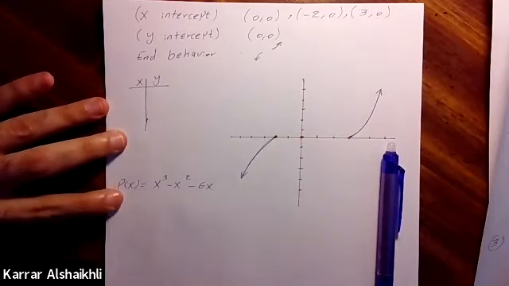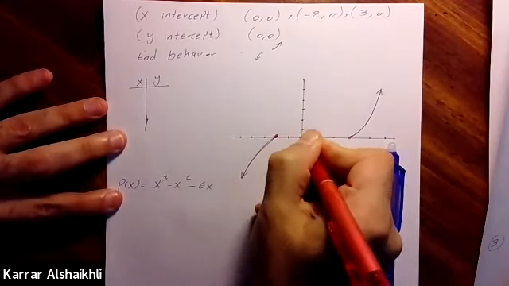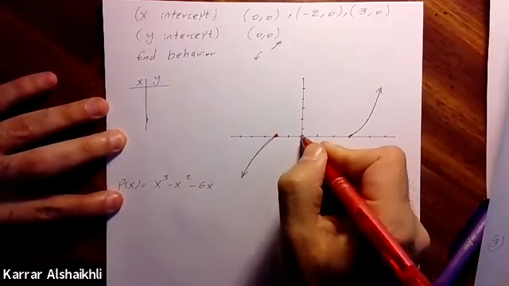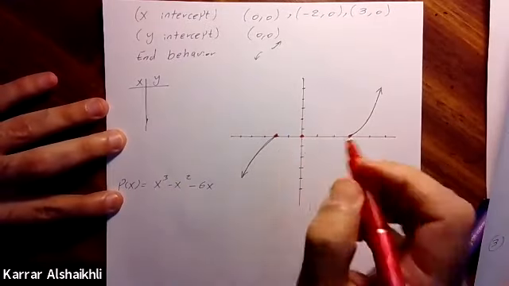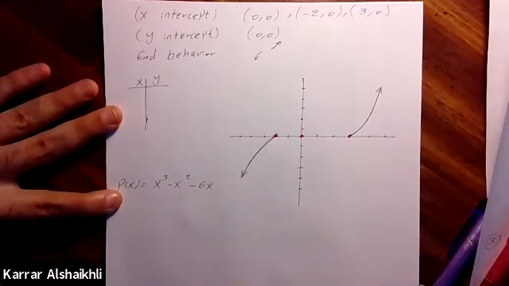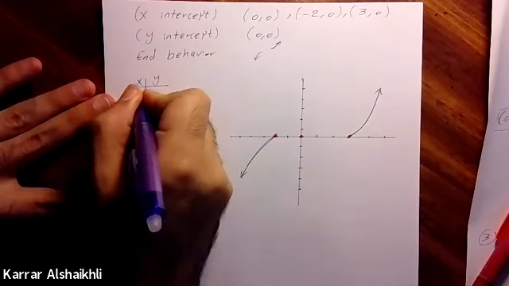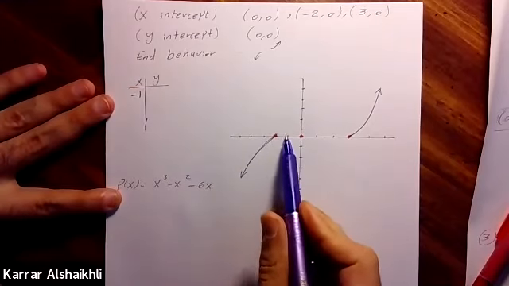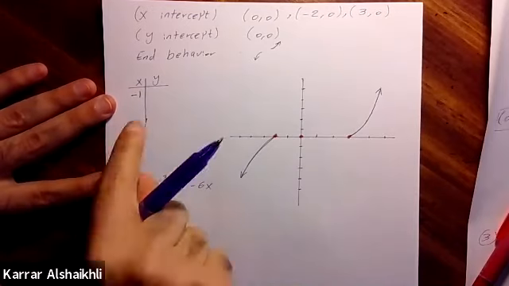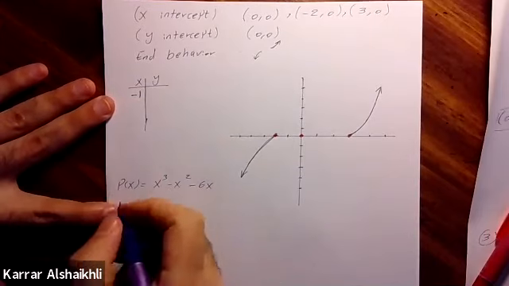I'm going to find a point between these 2 x-intercepts. I can choose -1. So I choose the first point, -1, and find whether y is going to be up or down. We're going to plug in -1 here.